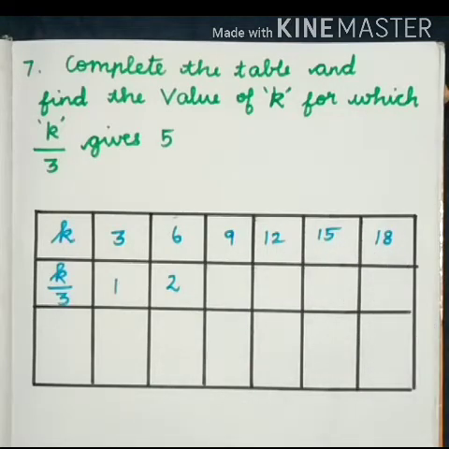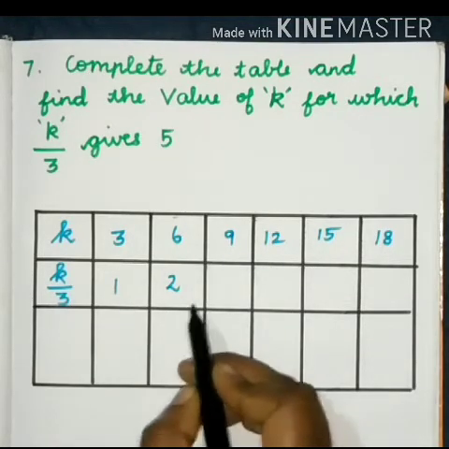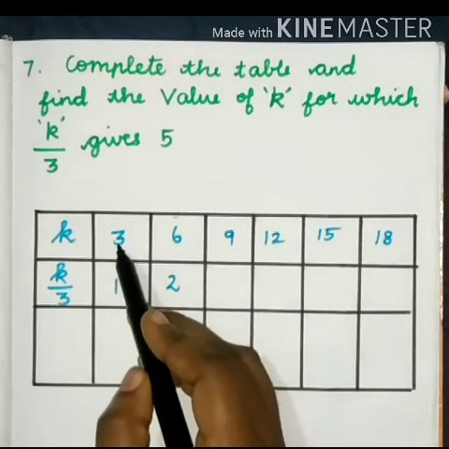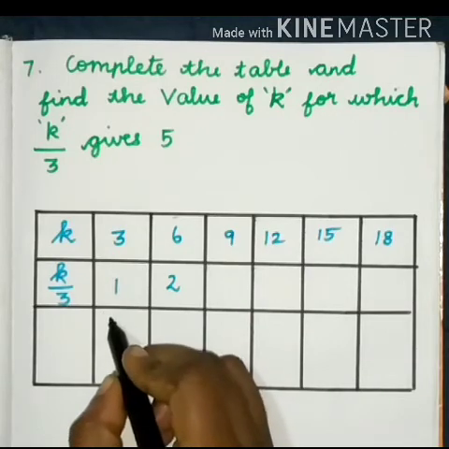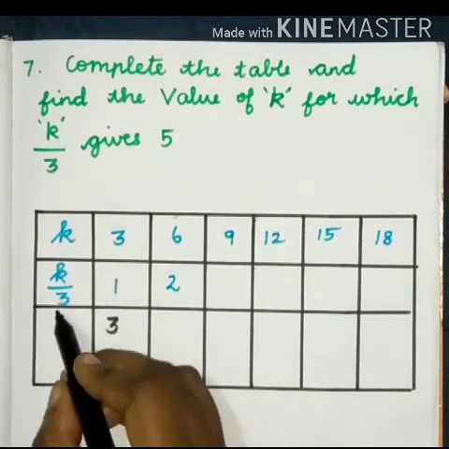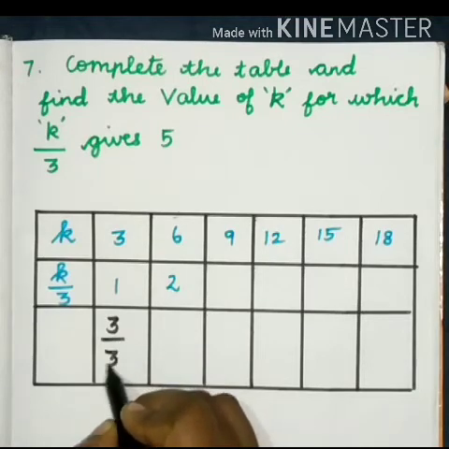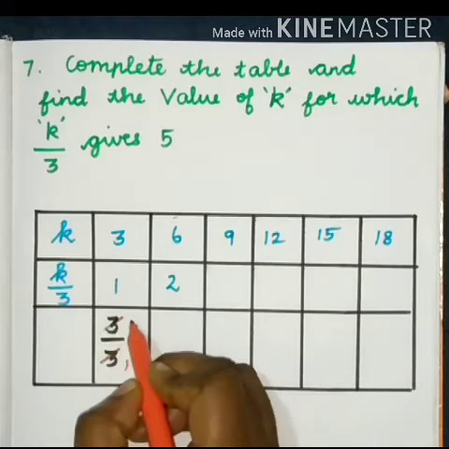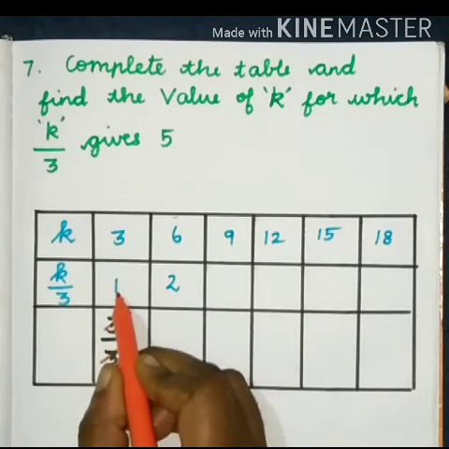You have to find the value of k by 3. Here already two values are given. K by 3. Substitute the k value as 3. In place of k, you have to substitute the value 3. Then divide by 3. 3 ones are 3. So your answer is 1.